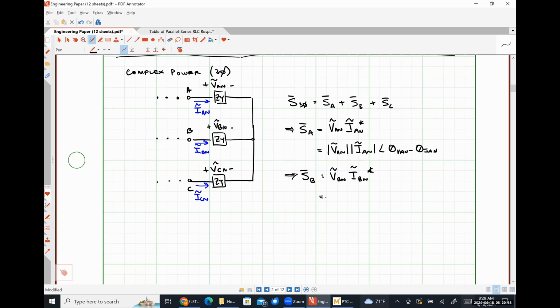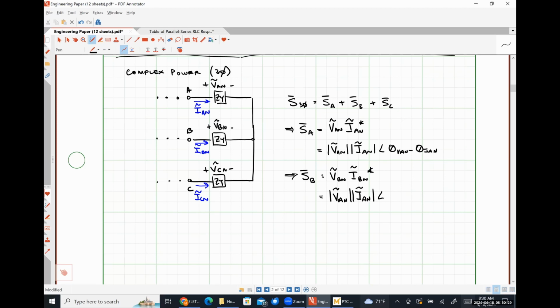Well, we know that the magnitude of VBN is literally identical to the magnitude of VAN in a balanced three-phase system, right? All of our magnitudes are the same, only our phase angles change. So I can put the magnitude of VAN here, the magnitude of IAN here.